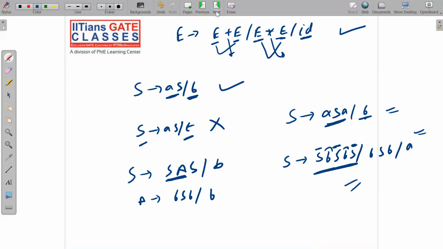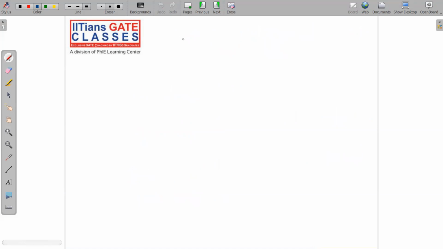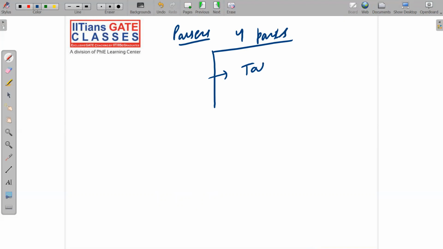To study the operator precedence parser, we should know the operator precedence table. Same case: I have already told you parsers have four parts. Let me revise. The very first part is the table. Second is the algorithm.